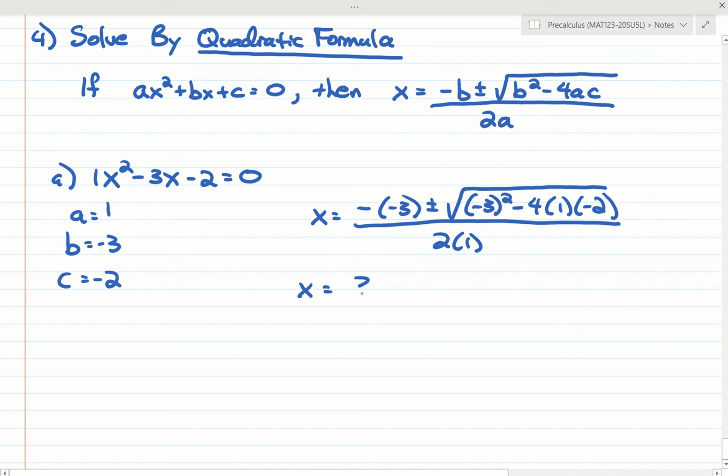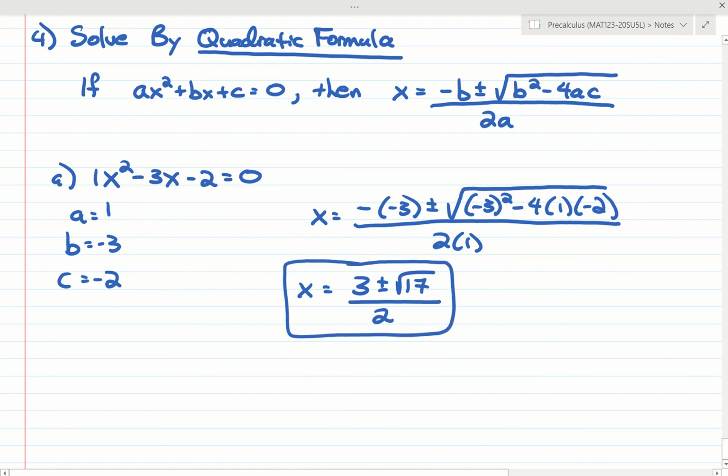Cleaning this up, we get 3 plus or minus, -3 squared is 9, 9 plus 8 is 17. And you always want to make sure everything's simplified. Square root of 17 doesn't reduce, so that would be the answer for this.